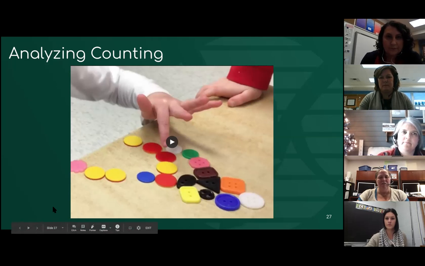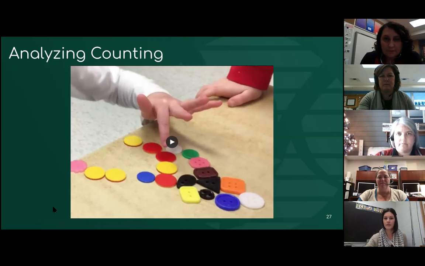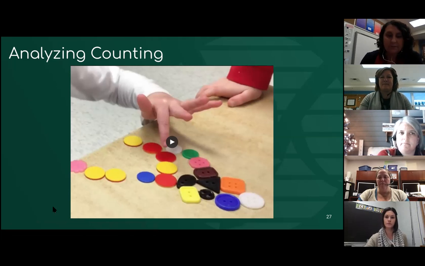I do see a question maybe popped up, Alicia, in the questions. Is it about the three parts? So the question is, would you go one more step and have them place on a 10 frame while they're coordinating? So is that a good tool to bring in at this point? It's a good question. It's a structured model that you're talking about, and maybe a bit of an organizer.